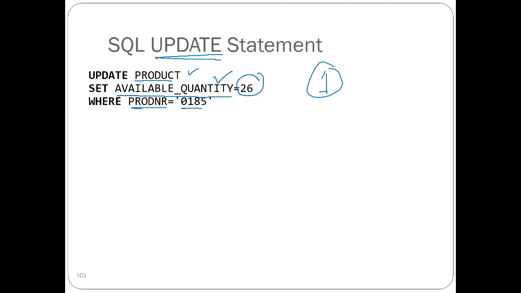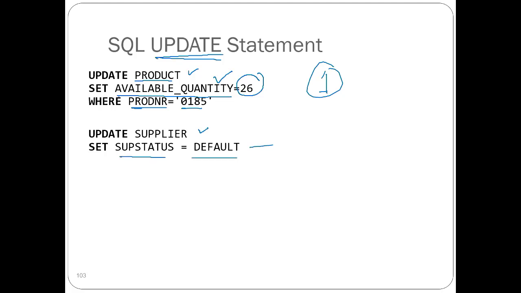Let's look at a few more examples, not just one more. Update statement. We will update supplier, set supplier status to default. What does this default mean? Who will give us the default value? Default should have been defined for this column, okay?